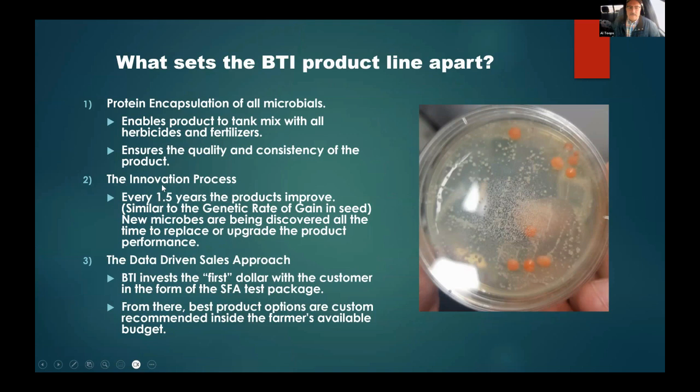Plus, we have this innovation process where every year and a half or so, we're continually improving our genetic rate of gain. And then we also want to make sure that our colonies are the same. So we have a very intensive quality control program at our facility in Texas, where we want to make sure when you get a jug of K-Phos, for instance, that those ingredients are the same every time you get it.